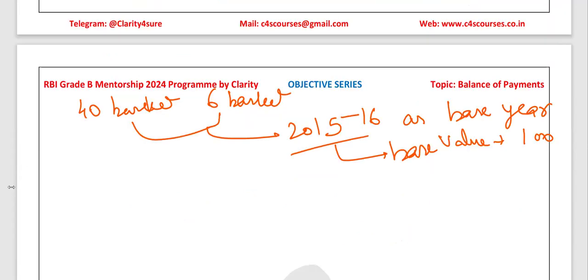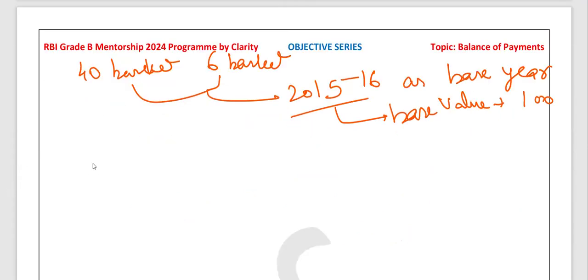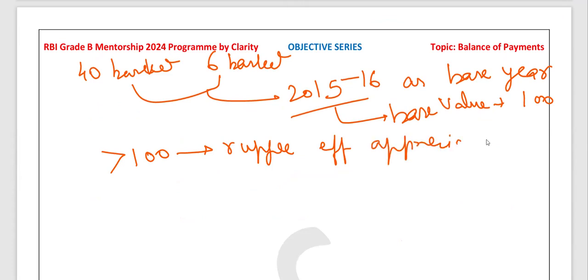Now, accordingly, when the value of rupee would be greater than 100, that means rupee is getting effectively appreciated. Value of rupee less than 100 would mean rupee getting effectively depreciated.